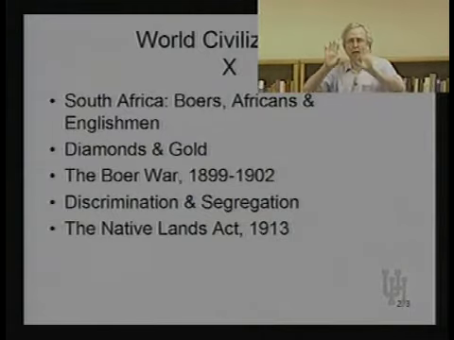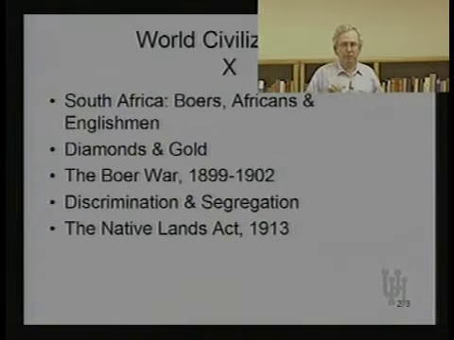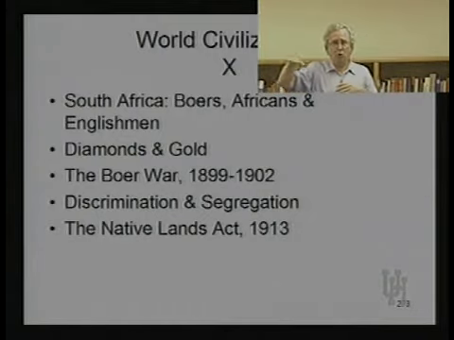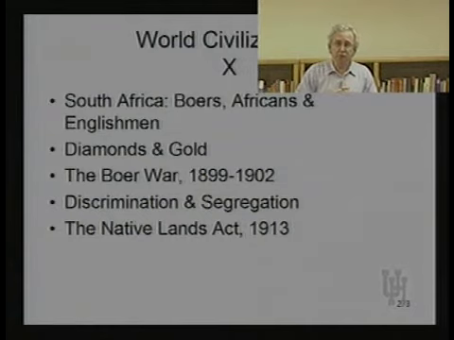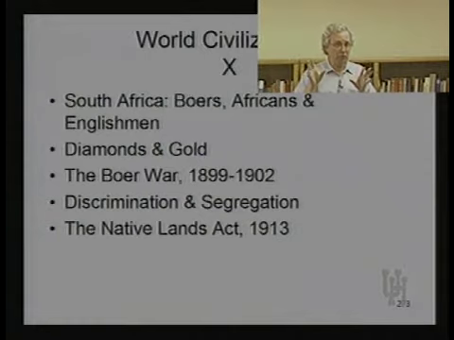Eventually, the Boers began migrating north away from the southern coast of Africa. They wanted to get away from British control. And they set up two republics of their own, leaving the British controlling what they called the Cape Colony. So you have the Cape Colony down at the southern tip of Africa, and then just above it, two Boer republics. The problem by the late 19th century was that gold and diamonds were being discovered in the Boer regions.